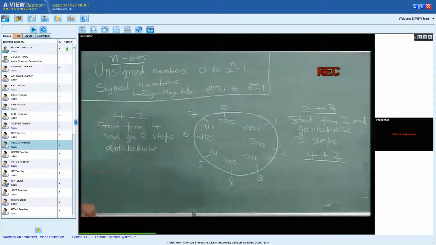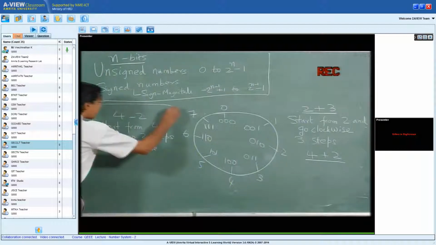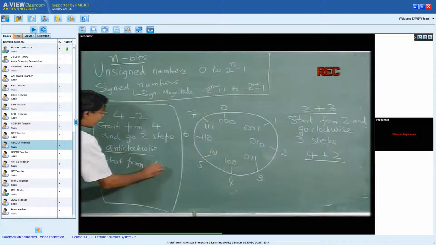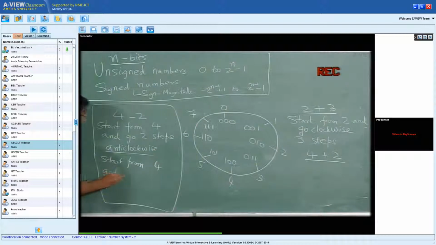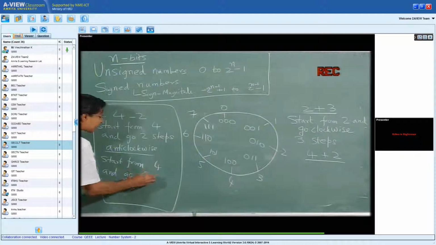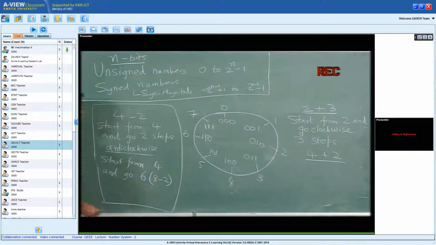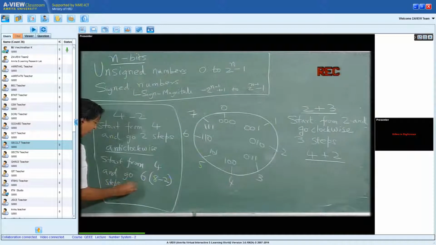Right? So this 4 minus 2 can be realized as start from 4 and go 6 steps. This 6 is realized as 8 minus 2, 6 steps clockwise.